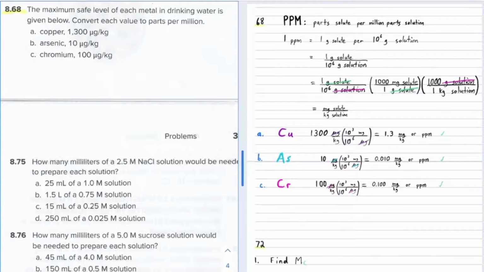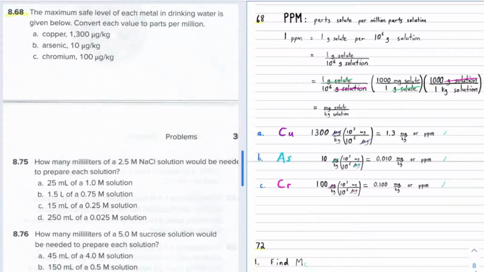Now, we know that 1 gram is the same thing as 1,000, 10 cubed milligrams.